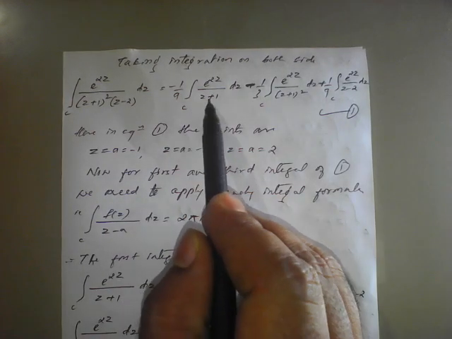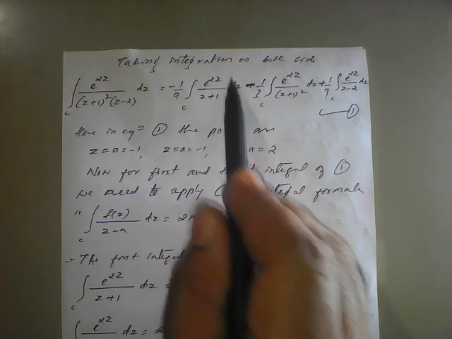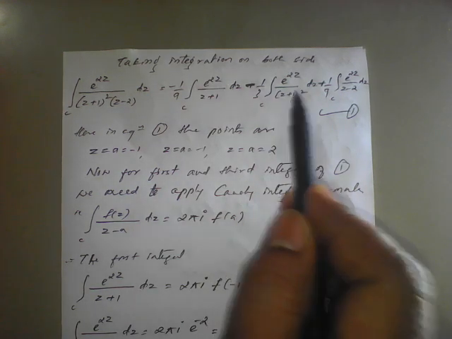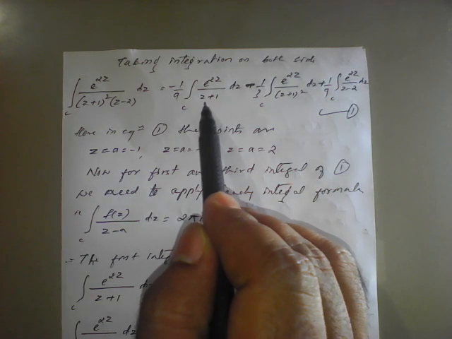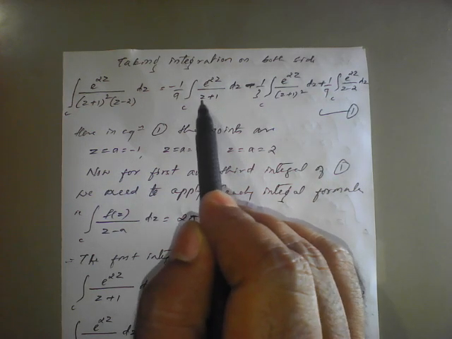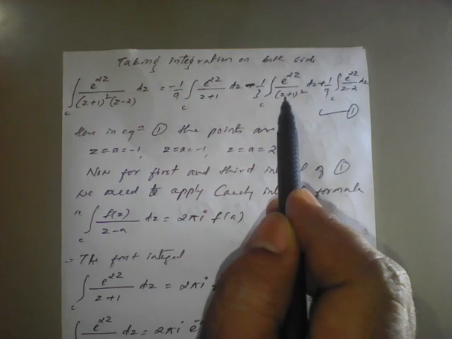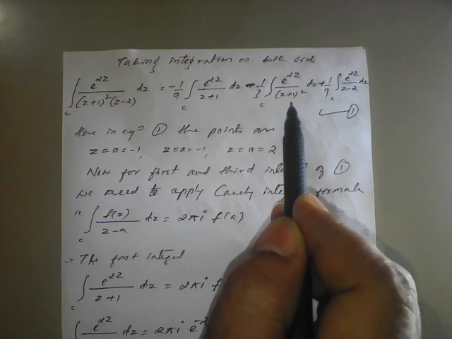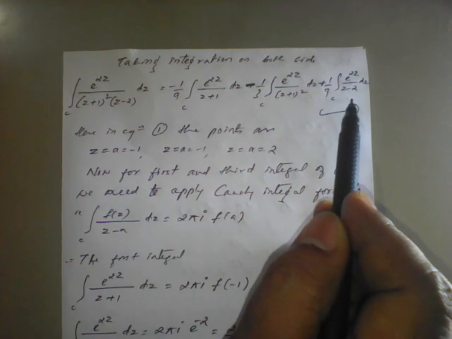So we see that on the right hand side of this equation we have three integrals: first integral, second integral and third integral. Each integral has a different pole, a different point. Here z plus 1 means the value of a is minus 1. Here z plus 1 means again the value of a will be minus 1. z minus 2 means the value of a will be 2.